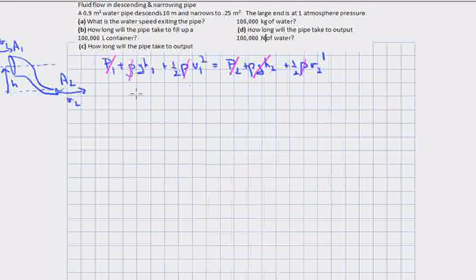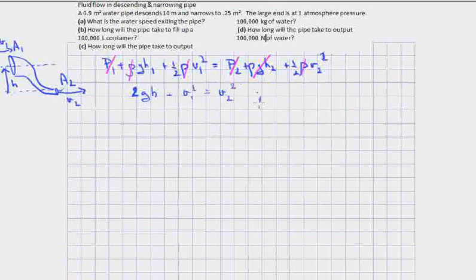And if I multiply through by 2, the equation I get is 2GH plus V1 squared is equal to V2 squared. Okay, very good.